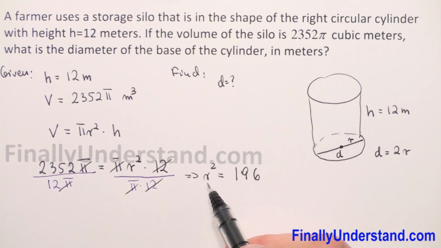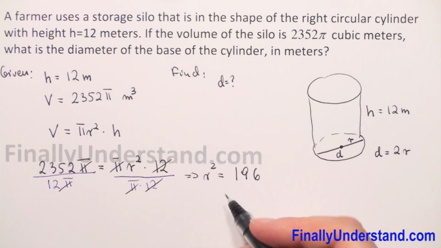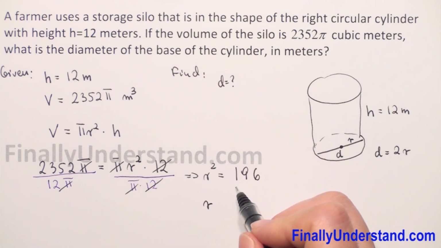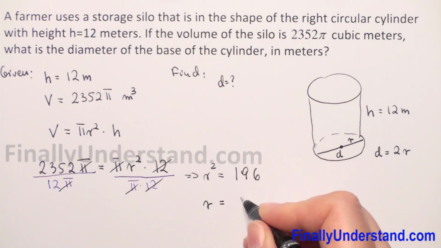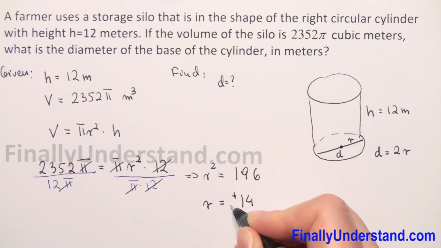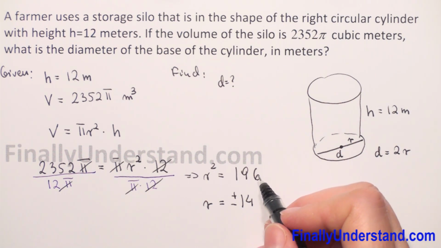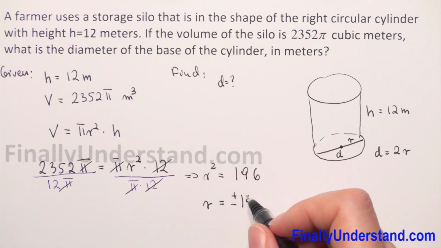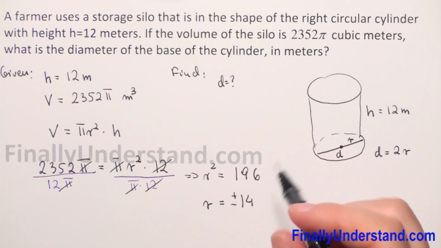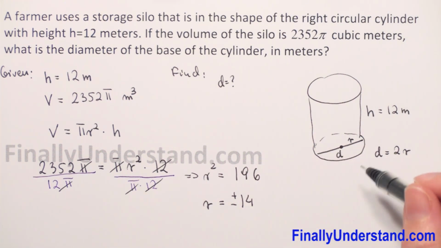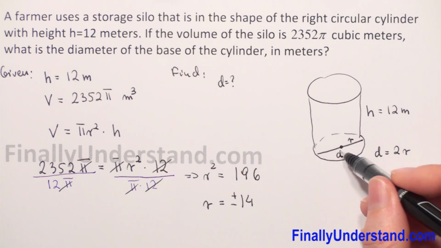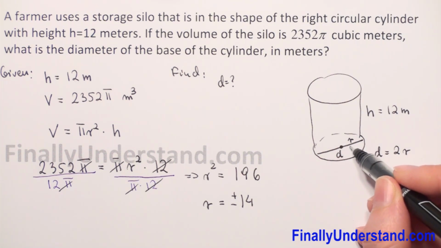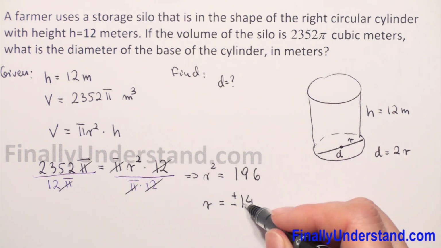So we have R squared, but we need R. Which number raised to the second power gives me 196? It is 14, but it can be positive or negative. Negative 14 to the second power gives 196, and positive 14 gives 196. But in this example, R is the radius, it's a distance, so the distance cannot be negative.